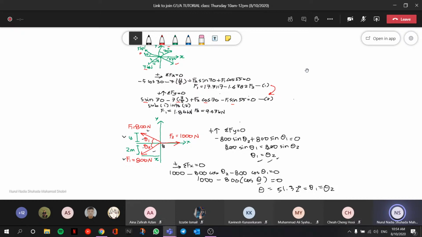Now we know the angle, so we solve for the distance x and also the y distance. We draw this again.